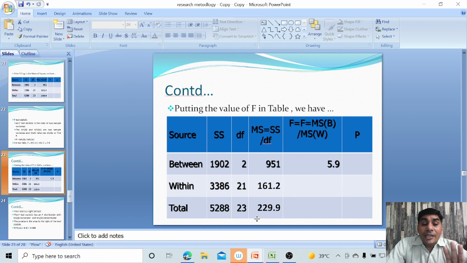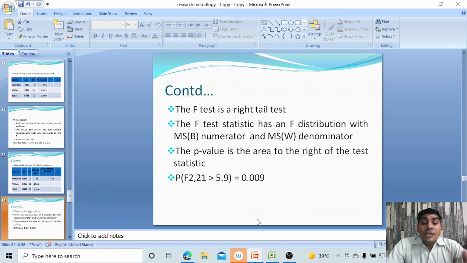Right? In the next step we have to find the P value. The F test is a right tail test. The F test statistic has an F distribution with MSB numerator and MSW denominator. The P value is the area to the right of the test statistic. The degree of freedom between the groups is 2 and the degree of freedom within the group is 21. So we want the probability that F(2,21) is greater than 5.9.